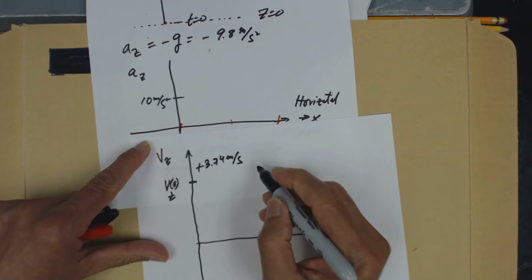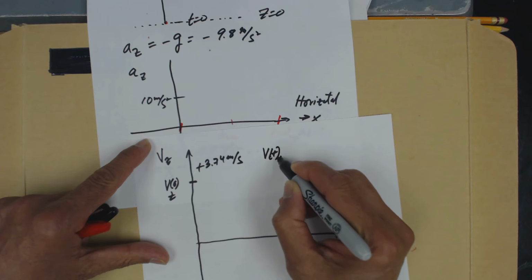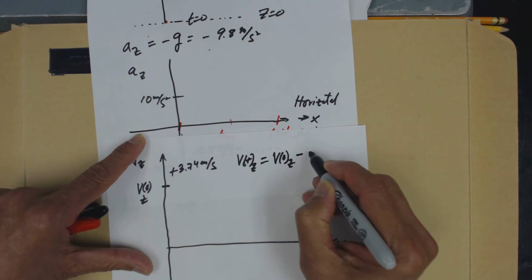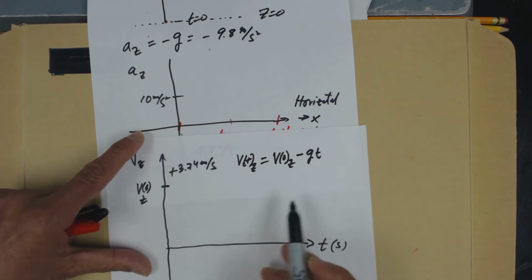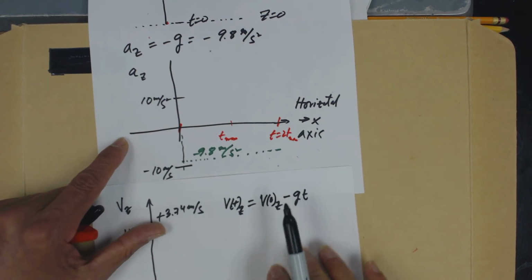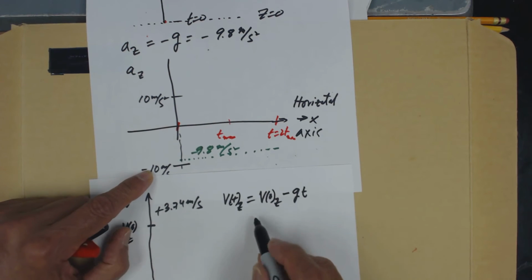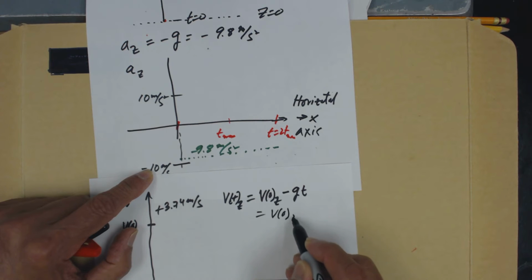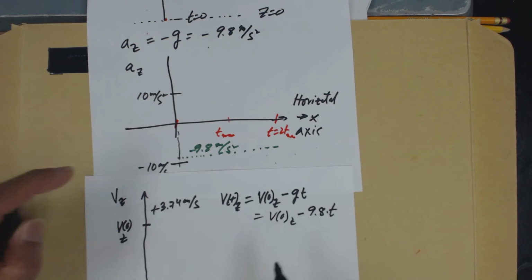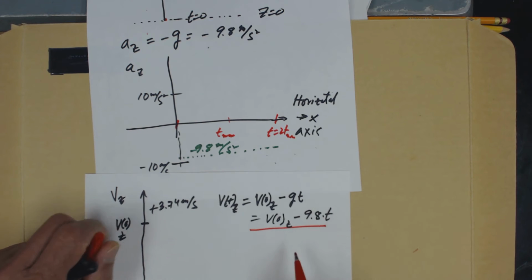What is the mathematical relationship between vz and time? vz equals v0z minus gt. Velocity depends on time, but acceleration doesn't; acceleration is always minus g. So v0z minus 9.8 times t. This relation tells us how v changes with time.